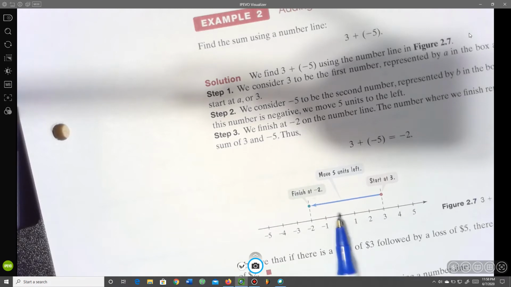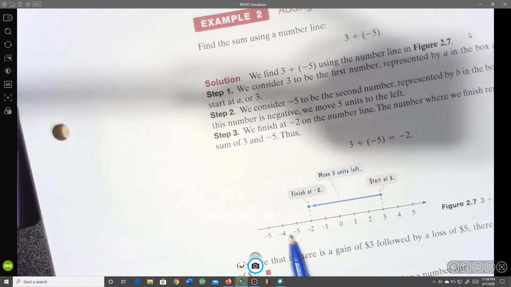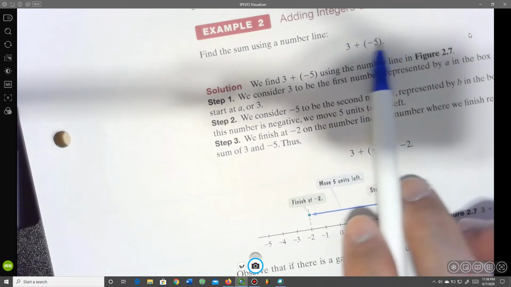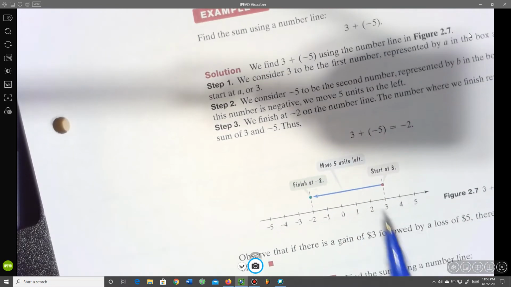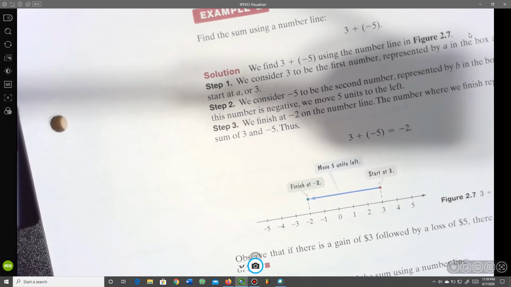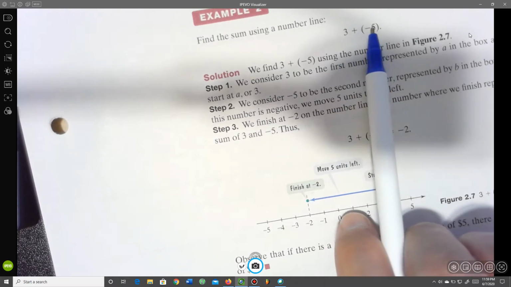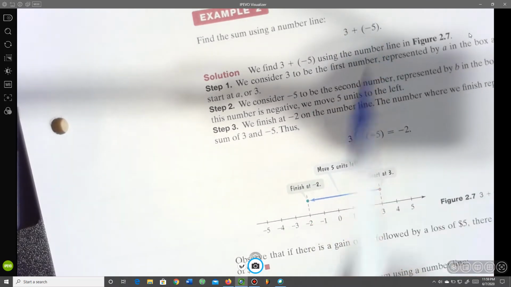Okay. So why do we need a number line in order to add a negative value here? Well, you don't need to, but sometimes it is difficult to grasp that if you add a negative 5, you're gonna end up with a negative value.